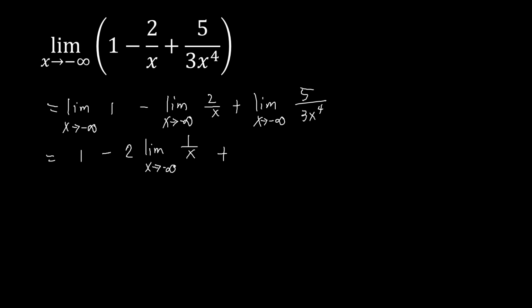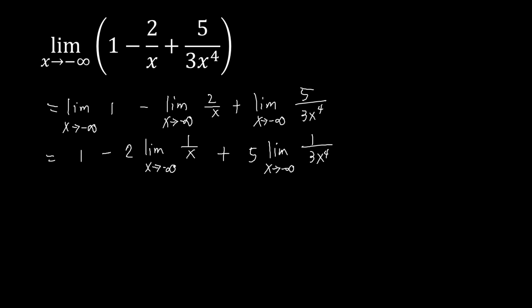And then plus, detaching 5 again because that's a common multiple, 5 times the limit of 1 over 3x to the power 4 as x approaches negative infinity. Now, you can have it like this, or you can simply look at it and evaluate each of those terms, and then you will have the final answer.